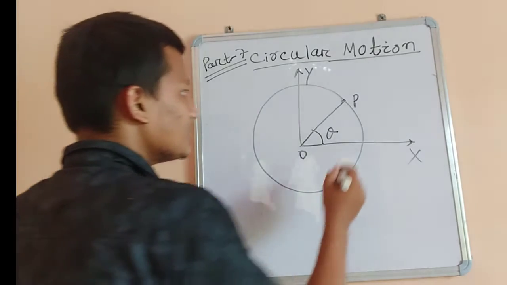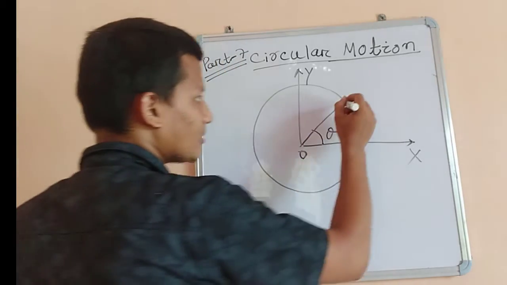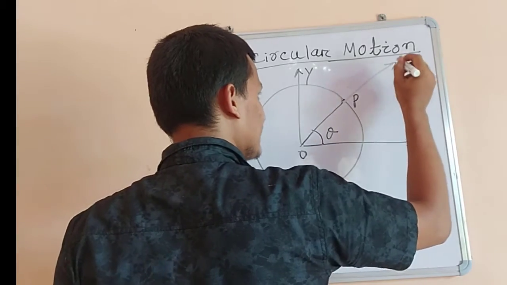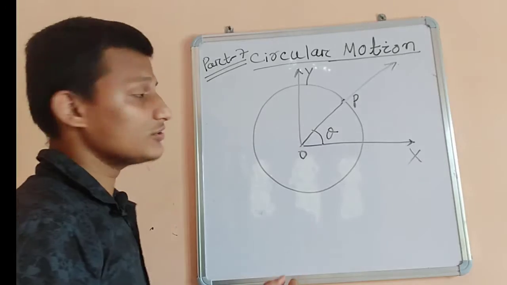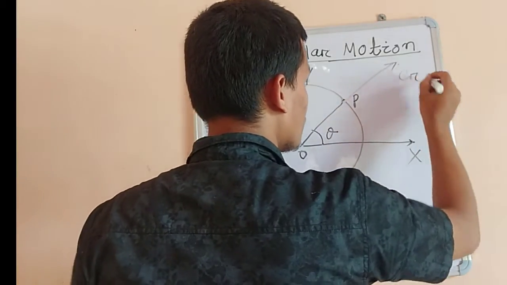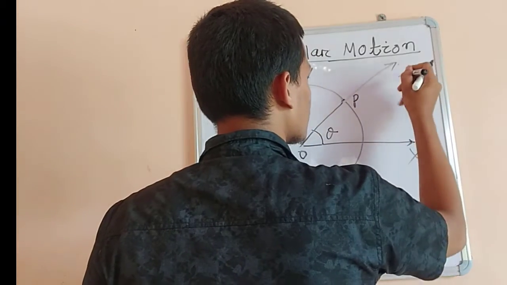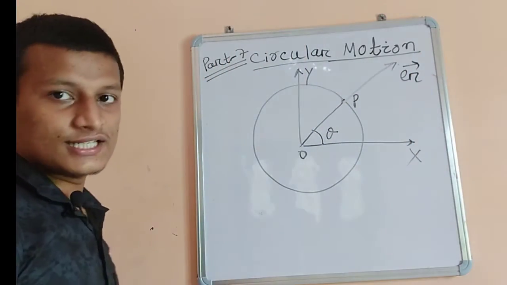The line extending outward from the radius is the radial direction. Suppose the unit vector along this radial direction is er vector. This is our unit vector along the radial direction.